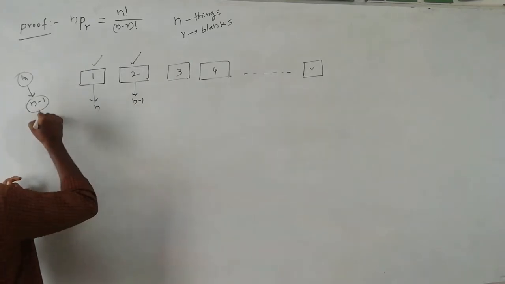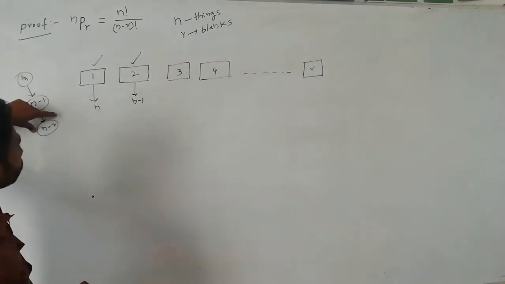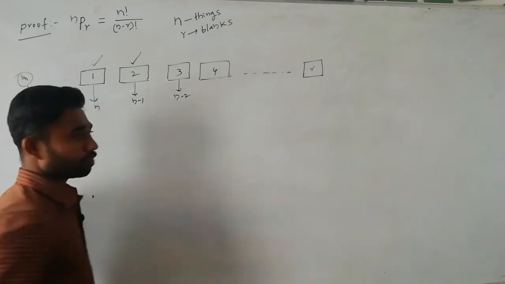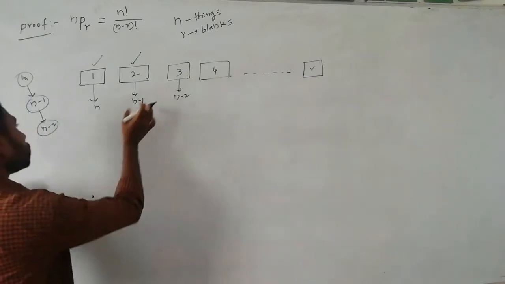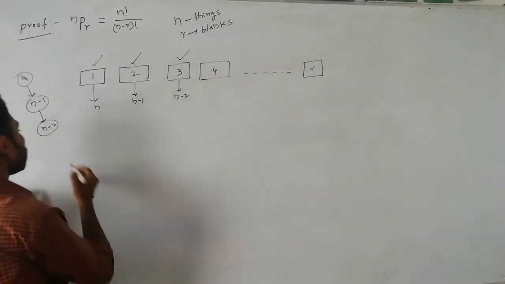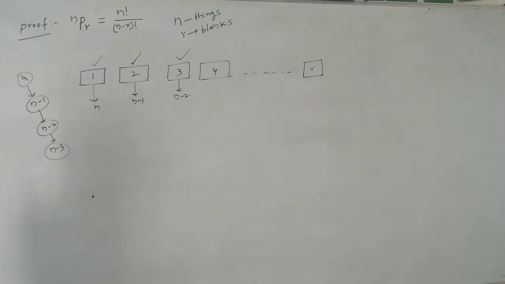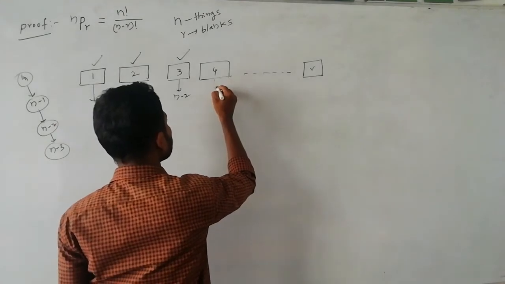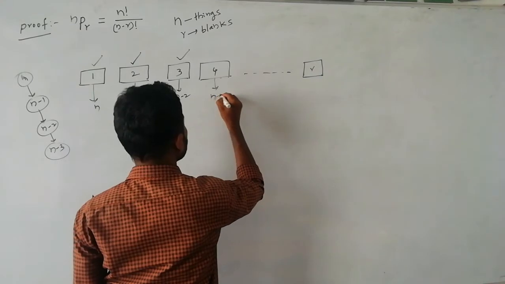Remaining n minus 2 numbers. So the third blank has n minus 2 chances. Next, the fourth blank: 3 numbers over, 3 blanks over. Remaining n minus 3 numbers. So the fourth blank has n minus 3 chances.